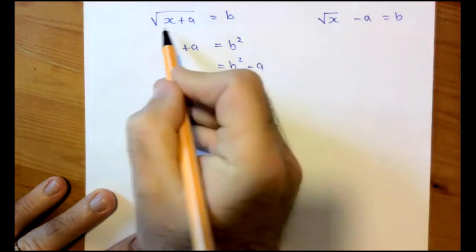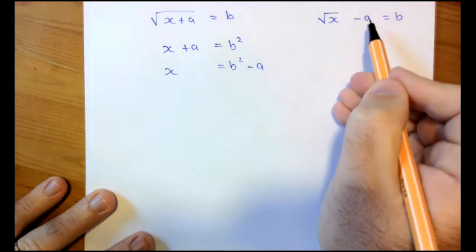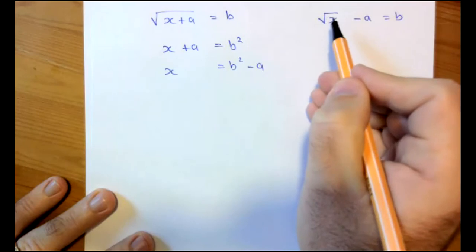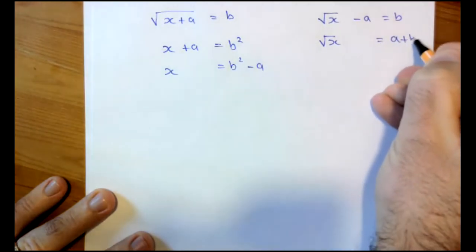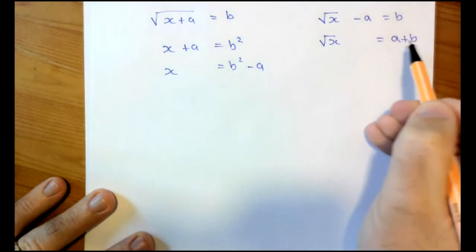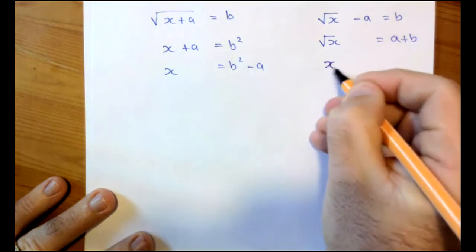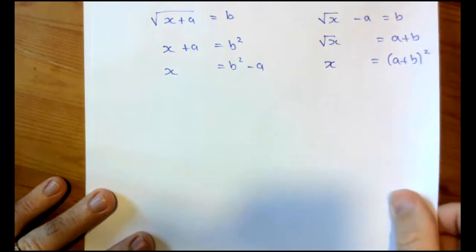Be careful here, these look very similar, but the a isn't inside the square root symbol. So square root of x equals a plus b. Me being sad has to write it alphabetically. b plus a is equally correct. x equals a plus b all squared.